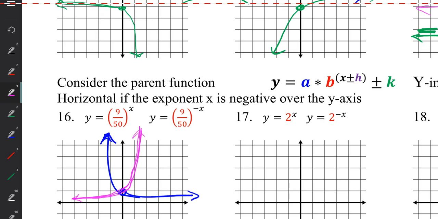I'm just going back and forth. Notice anything? What did it become? Decay, blue decay, just became magenta what? Growth.